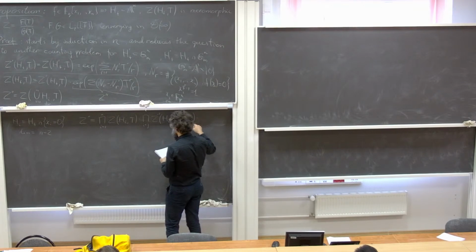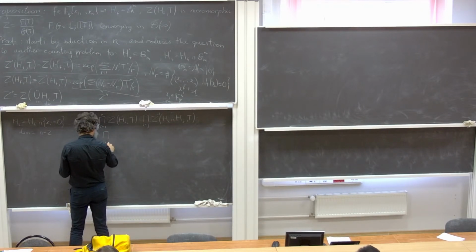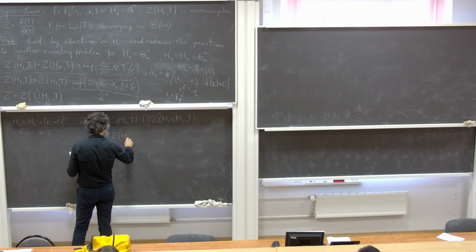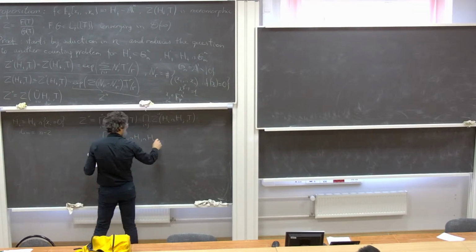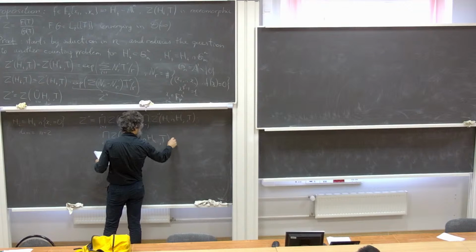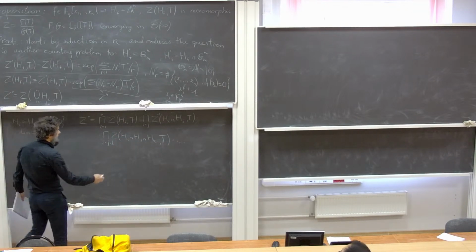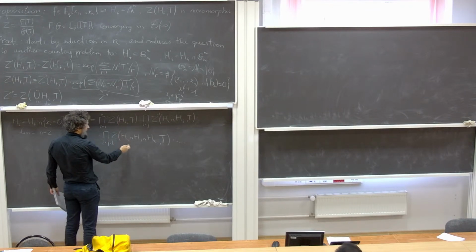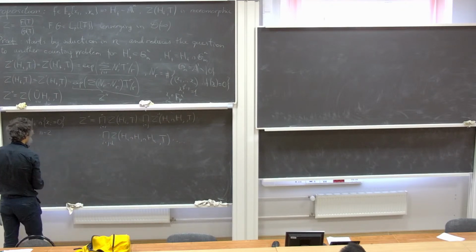And then the product over i less than j less than k of the zeta function of H_i intersect H_j intersect H_k t, and so on. Okay, so if you know by induction that all the smaller usual zeta functions are meromorphic, then you see that the whole thing is meromorphic.